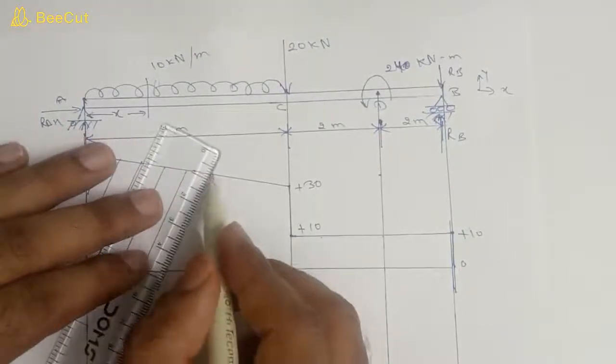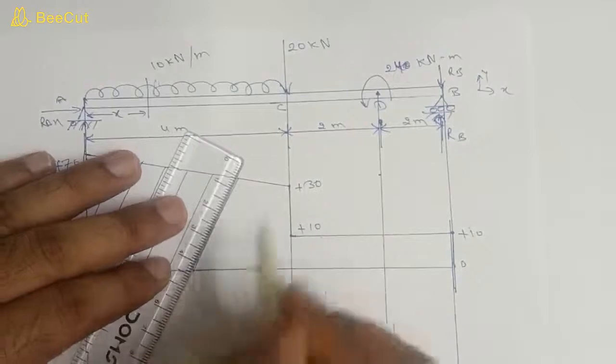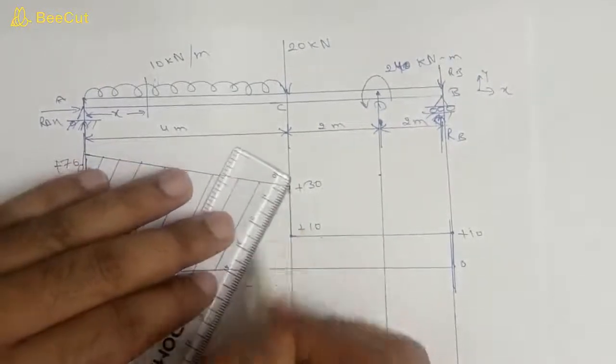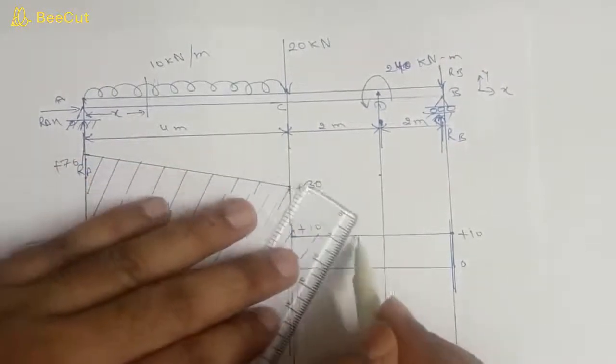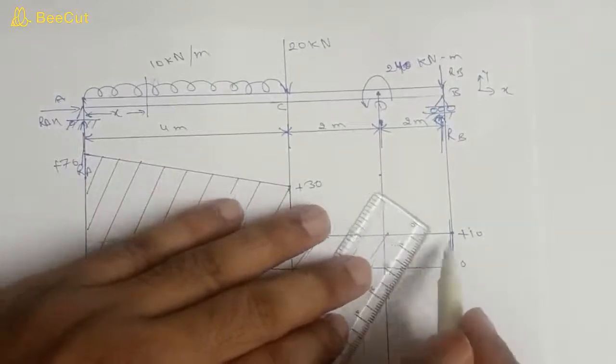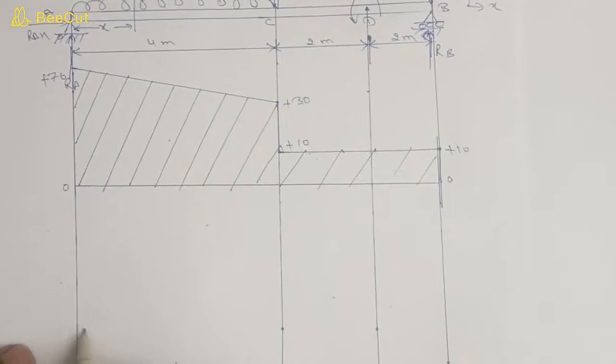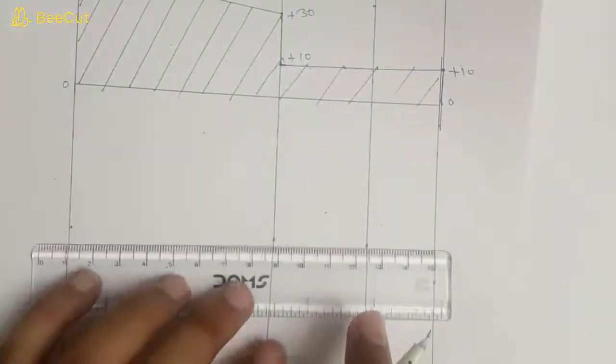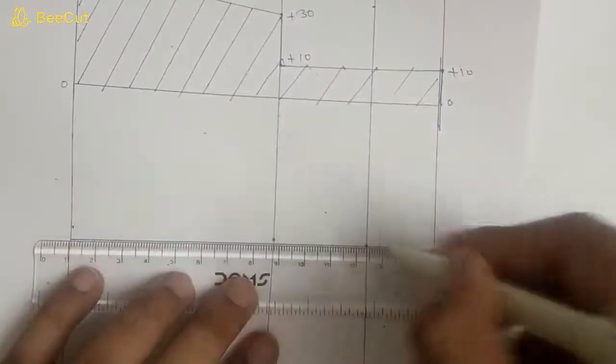Now we will try to draw the bending moment diagram. So we have highlighted this shear force diagram. Now we will create the 0-0 axis. This is the 0-0 axis for the bending moment diagram.